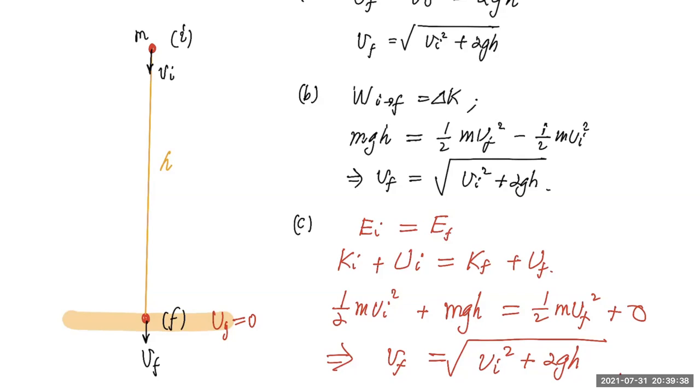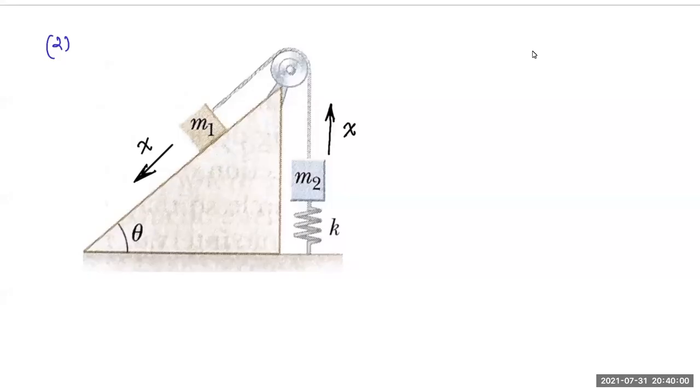Now, let's look at our second example. The second example is a little bit more interesting. I have two masses, two blocks, M1 and M2, linked by a massless string over a frictionless pulley.